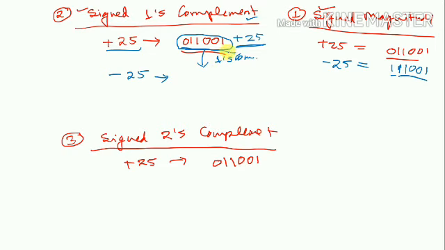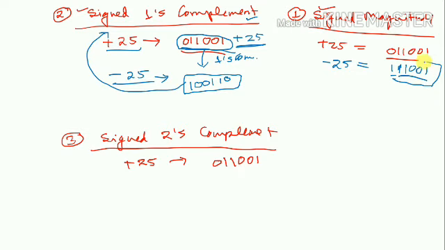Then you take the 1's complement of the plus 25. So the whole thing is complemented: 1 will be 0, 1 will be 0, 0 will be 1, 0 will be 1, 1 will be 0, 1 will be 0, and this will be 1. So this will be the signed 1's complement of minus 25, and the other was minus 25 in signed magnitude.